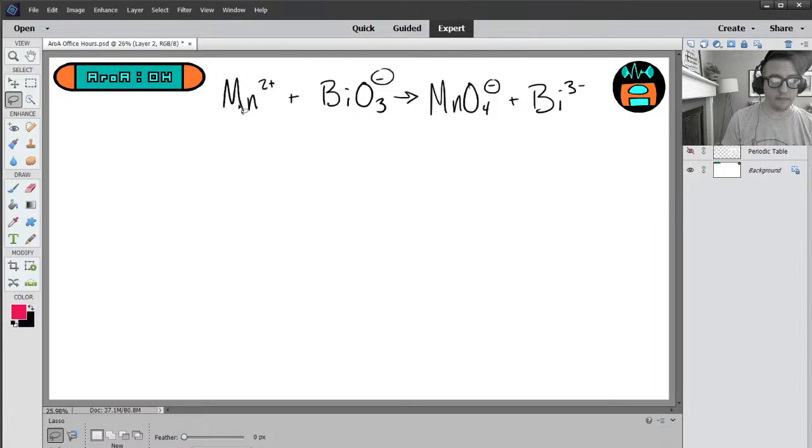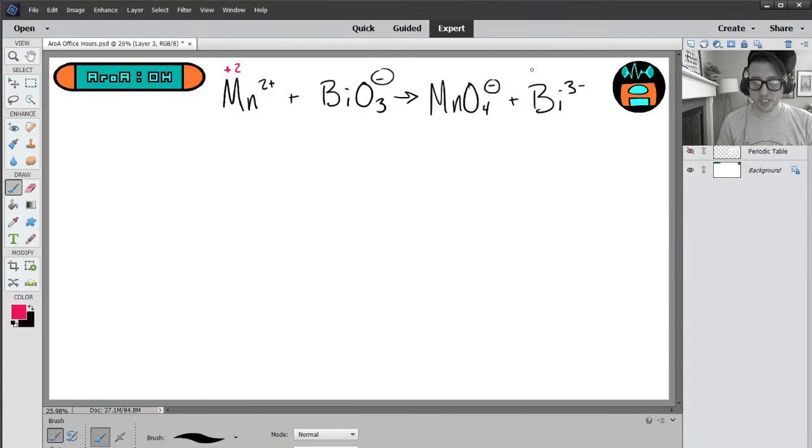So manganese will have an oxidation state of +2 because it has a charge of +2 and it is the only element present in this species. Same with bismuth. Actually, I apologize.